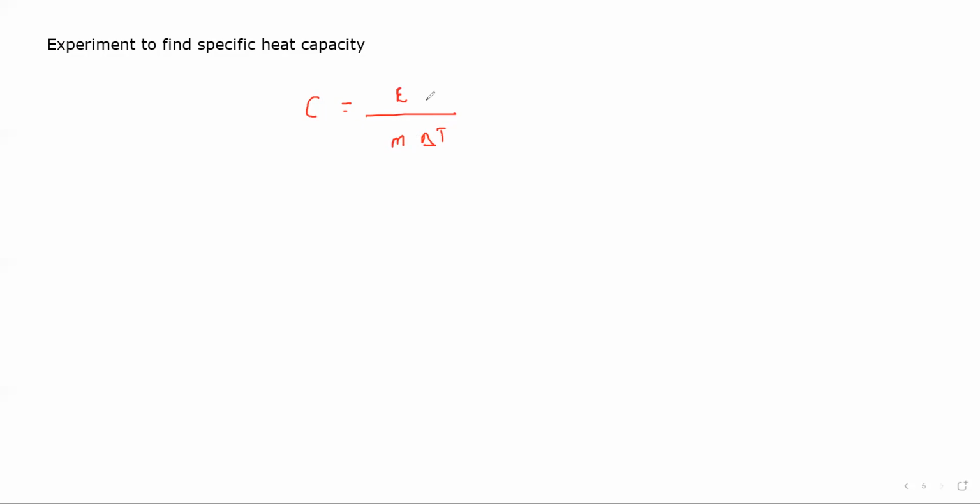So practically we are using electrical heaters, and when we are using electrical heaters, the energy supplied by the heater is equal to power multiplied by time. So specific heat capacity is equal to power multiplied by time divided by mass times change in temperature, delta T. And because we are using an electrical heater, electrical power is the product of voltage and current.